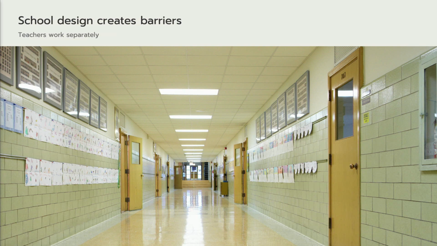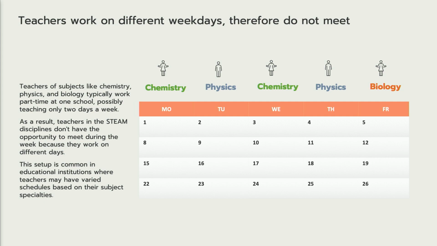Because the problem in the school is that even the teachers do not meet each other. We don't know what they are teaching in the class that week. Because of the shortage of teachers and because our schools are quite small, subject teachers come to one school only on a couple of days through a week.